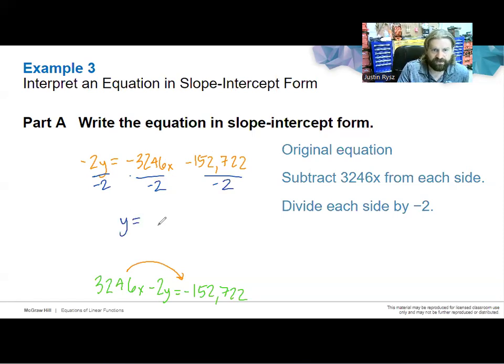All right, so we go y equals, that divided by is what, 1623, and then minus 7861, maybe. Okay, and so what we got to do is talk about what does that mean. So that means the revenue is equal to this number, 1623, times a year minus that initial starting value.